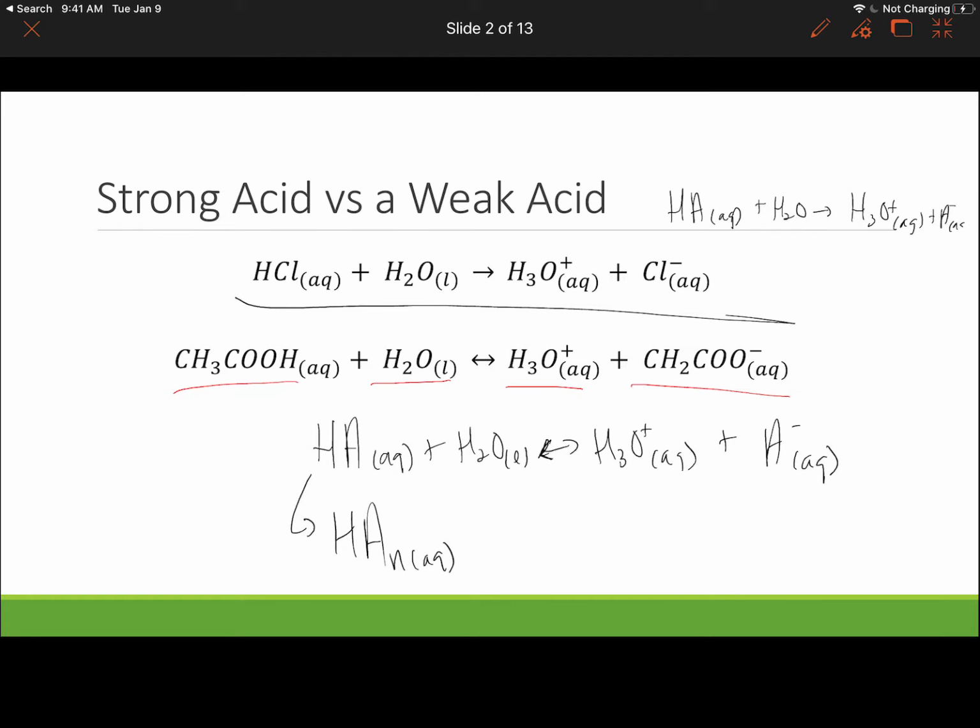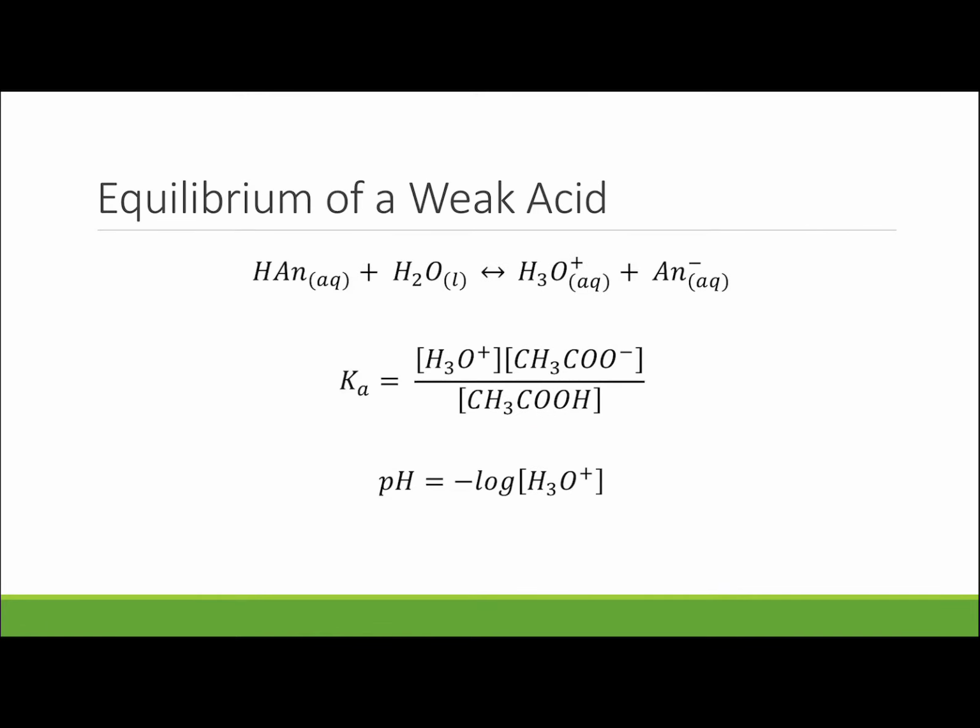I will use HAn in this PowerPoint to differentiate a weak acid, where HA is strong. You'll see it both ways, but we'll go with HAn for weak acid in this PowerPoint.